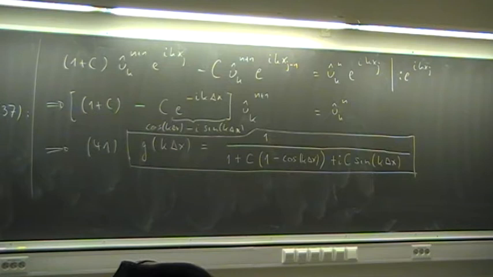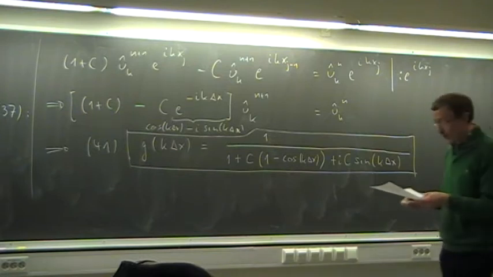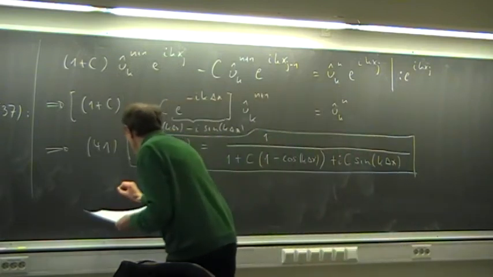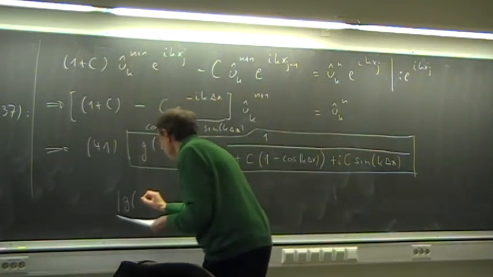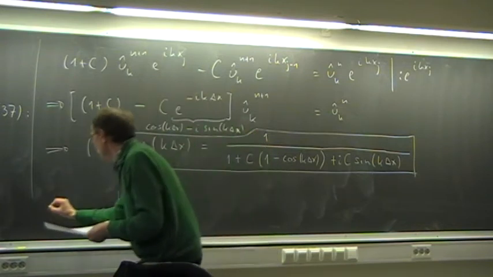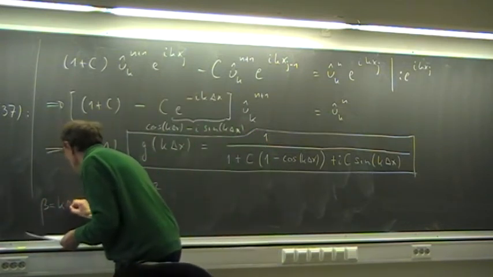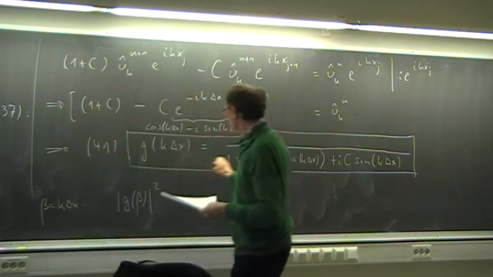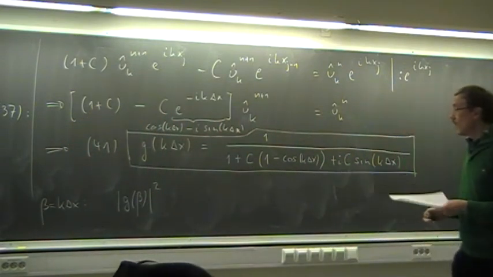And what is the stability condition that we get? So to do that, we compute the modulus of g of, now we call it beta. So we now use again beta equal k delta x, so that we can write it in this form.